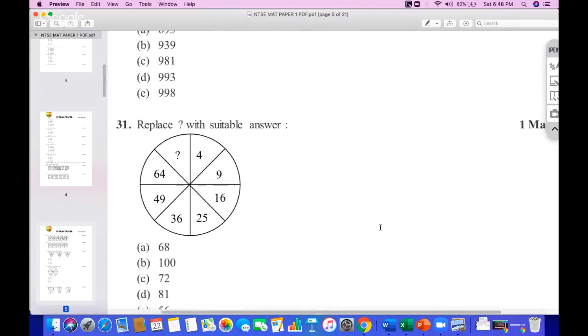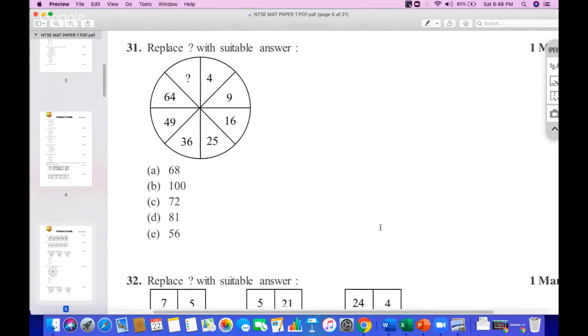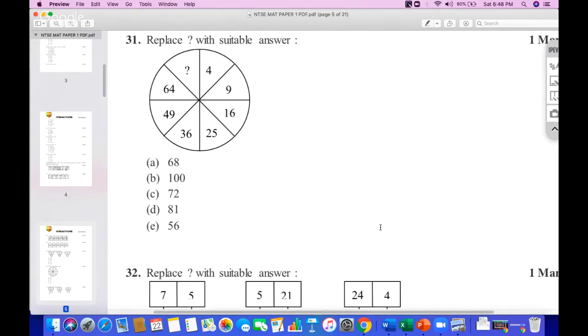Let's go to question number 31 now. Question number 31 is very easy. 2 square, 3 square, 4 square, 5 square, 6 square, 7 square, 8 square. So 9 square would be the answer.